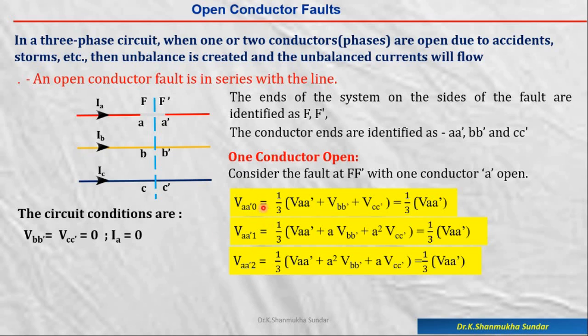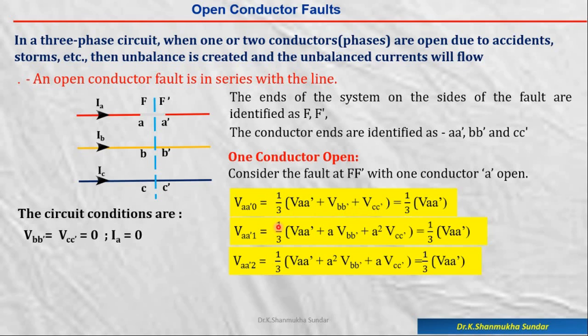So VA0 is equal to (VA plus VB plus VC) by 3. This is what we have seen in shunt type faults. But here, because we are having two suffixes A dash, you have to change this equation. The same thing, only with a double suffix you have to change: VA dash plus VBB dash plus VCC dash.